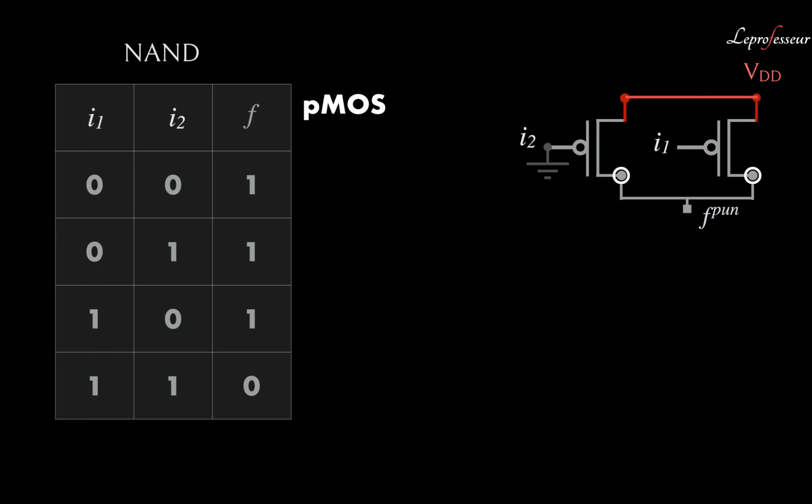Good. Now let's look at what happens if we connect the gate of the I2 PMOS, or the input is I2. Whatever charge is accumulated here will find a conducting path via holes conduction, the concept of the PMOS, right?